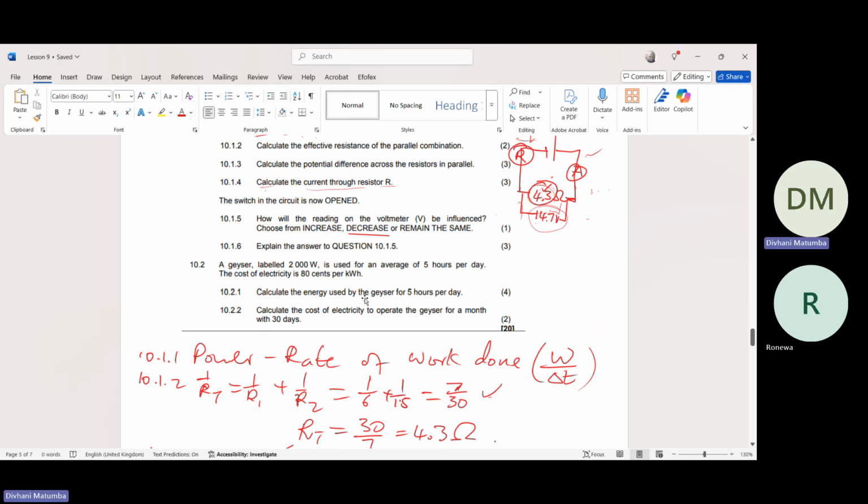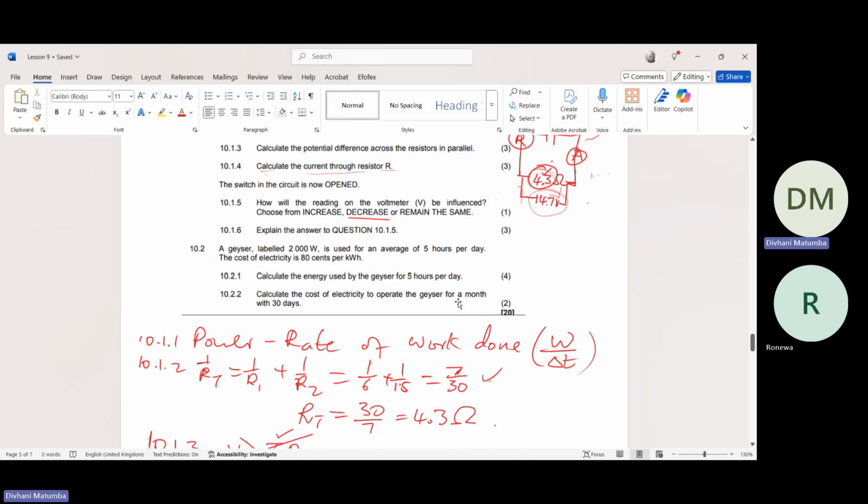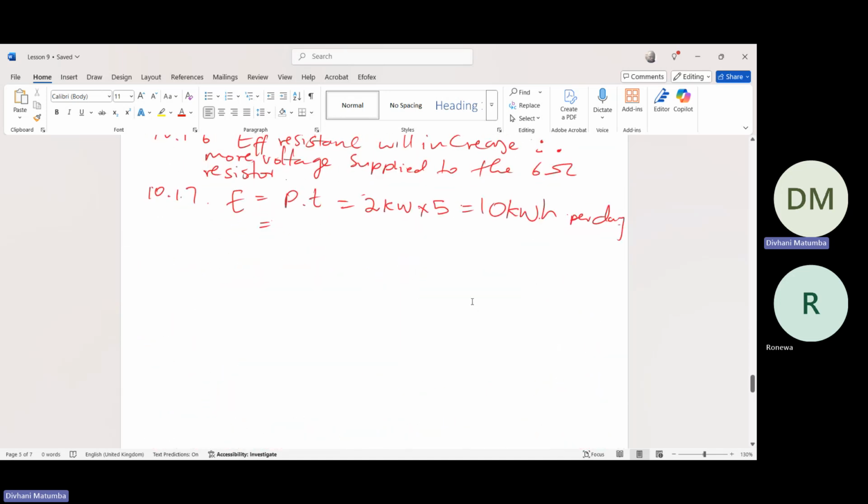Okay, I get this is the energy, this is the power consumption. This is a consumption of power. Remember, power is the rate of work. Yes.